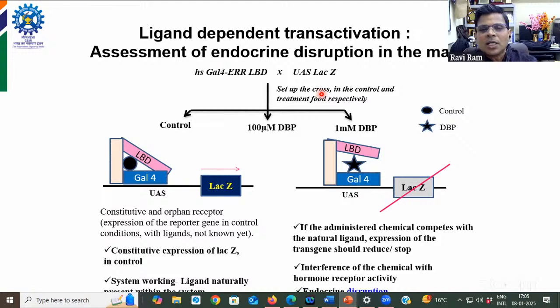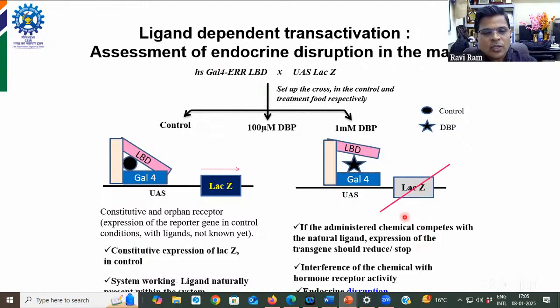ERR is a constitutive receptor, so in normal conditions you always have the expression of lacZ. If the chemical interferes with this process, then you will have reduced blue color.